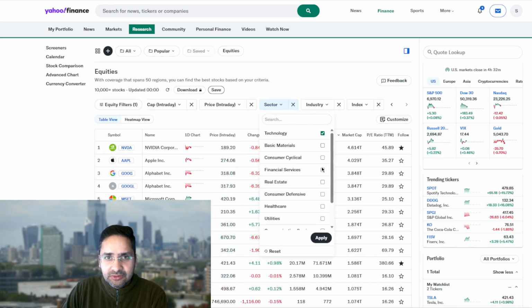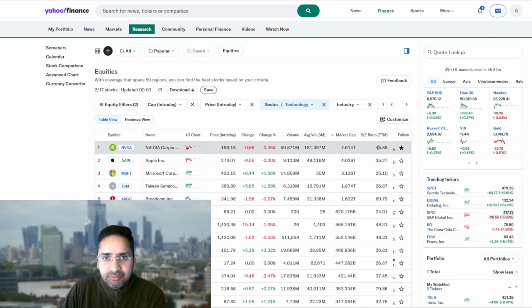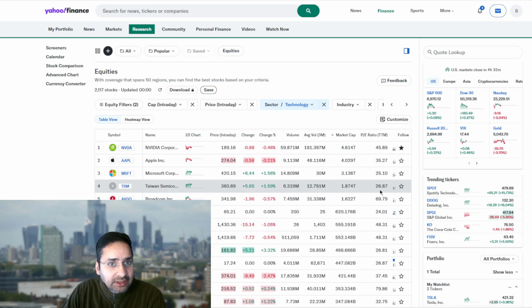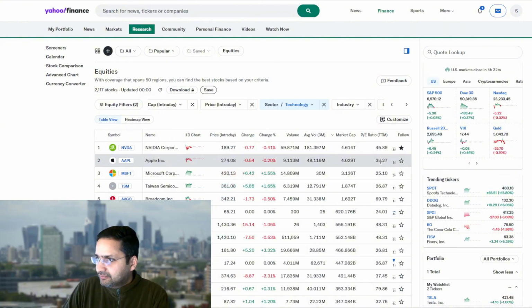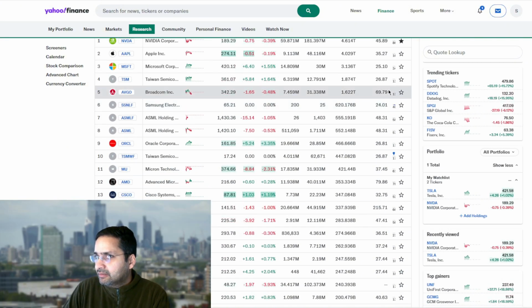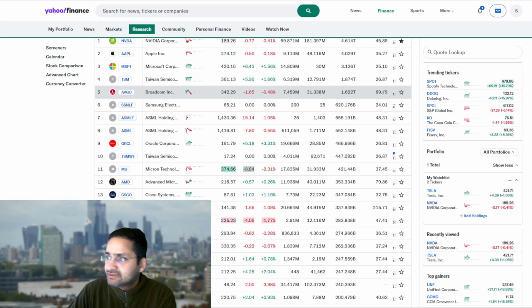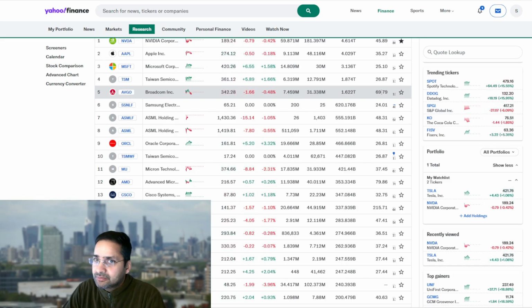let's say if we just look into technology sector, you see the price to earning ratio of 45 is Nvidia, which is currently doing very well. It's a pretty good ratio, and if you scroll down a little bit, Apple is doing 35, and then Broadcom is doing 69.79, which is also pretty good.